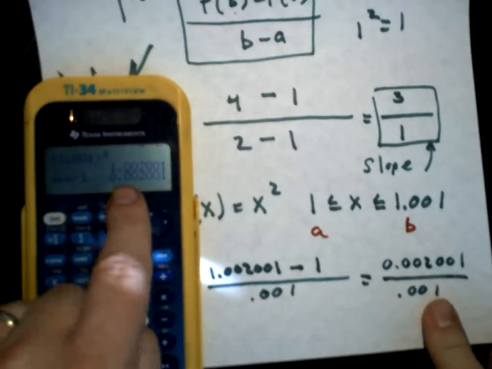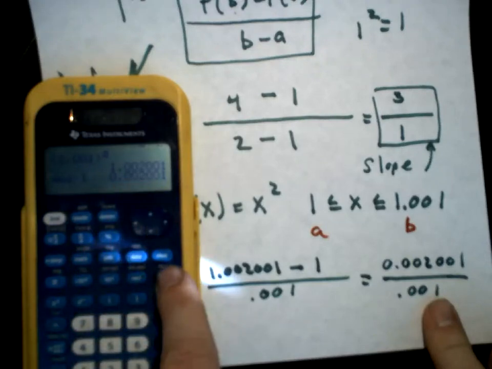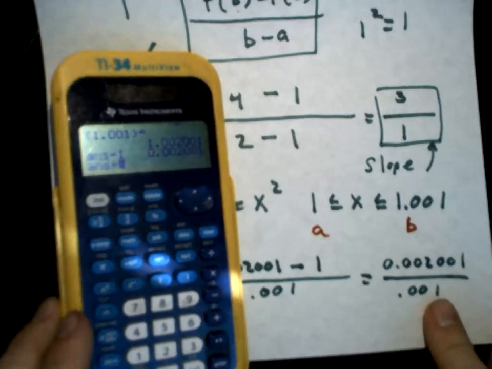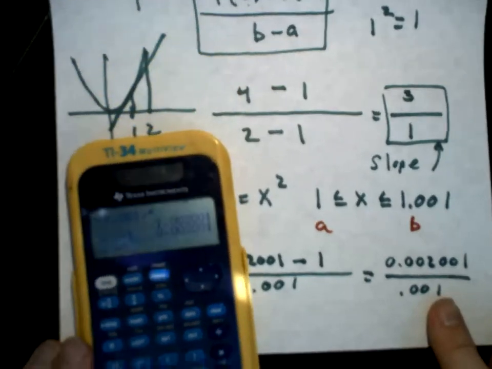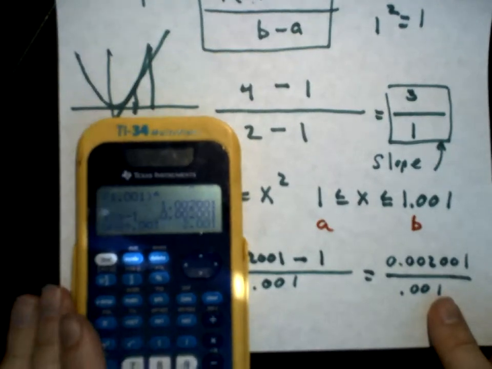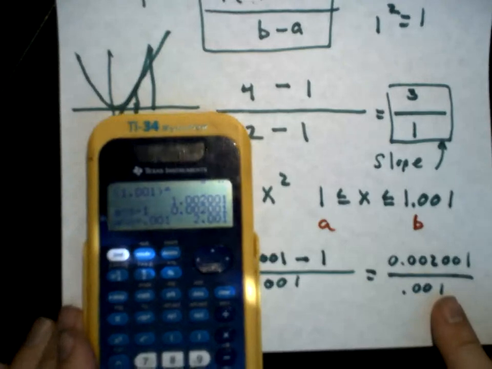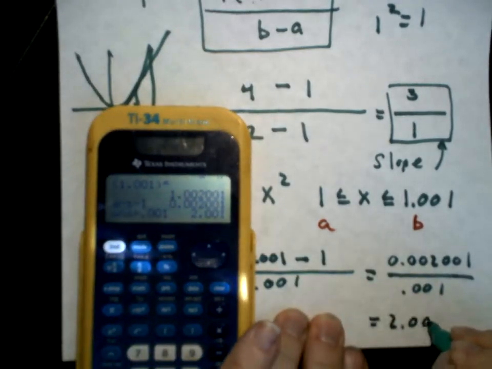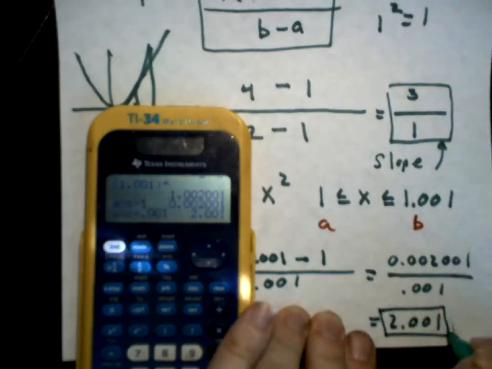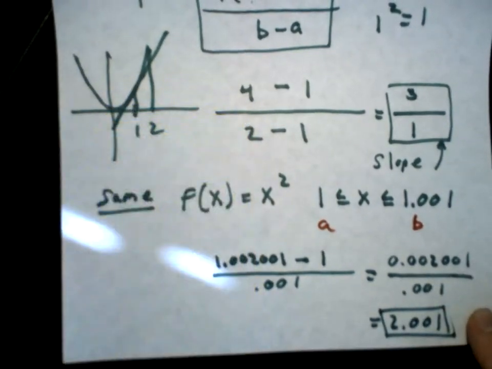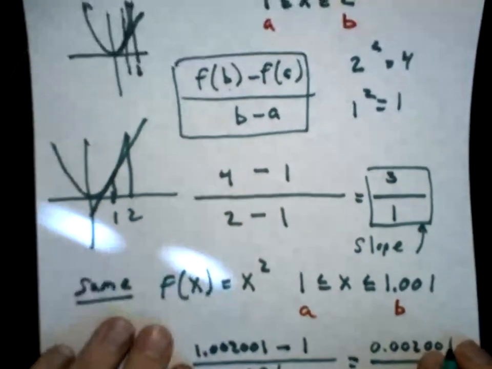Just take your answer and hit divide, and then put 0.001. And there it is. Looks like 2.001. So the slope at that point is that.